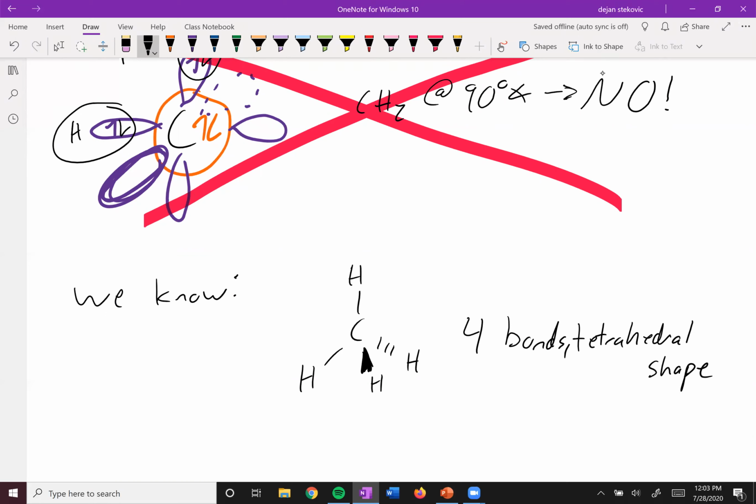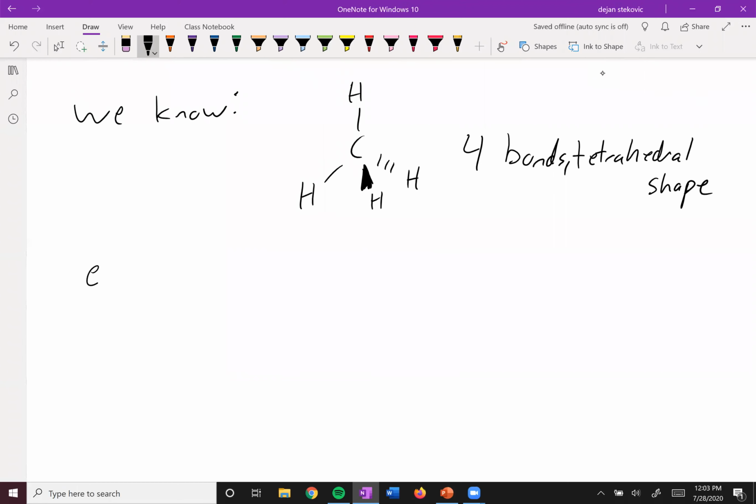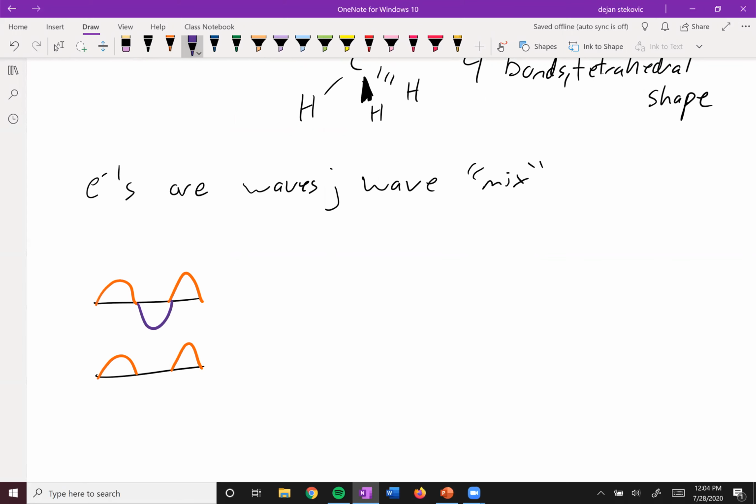So how do we explain this? Well, it actually gets quite complicated, so we'll just give the short explanation. Remember that electrons are actually waves, and waves mix with one another, or interfere with one another. For example, if you had 2 waves, something like this, I'll show the stuff above the line as orange and below as purple.